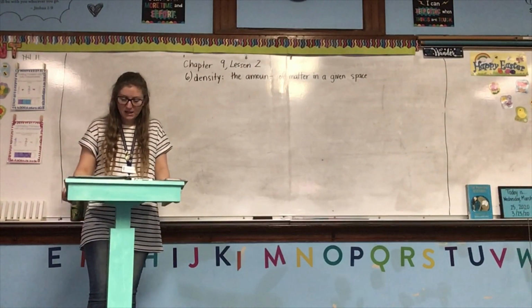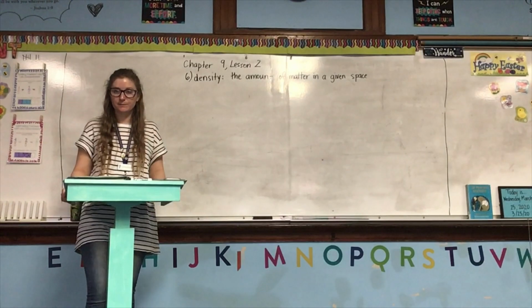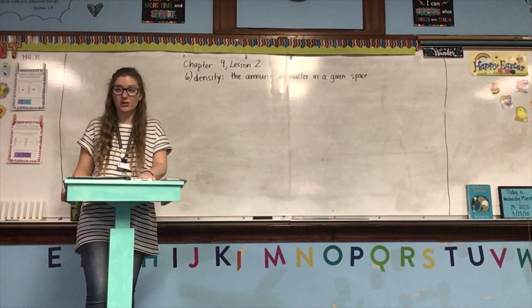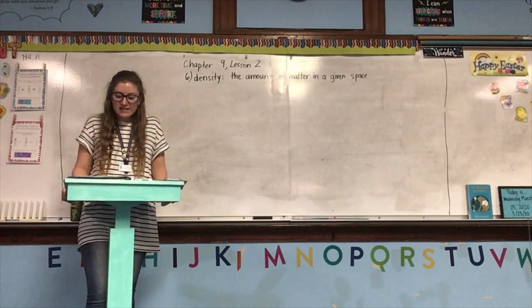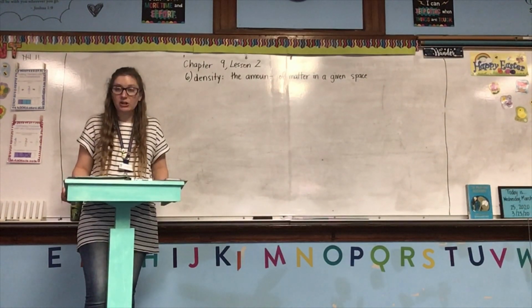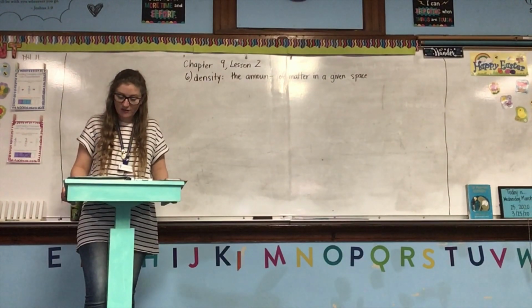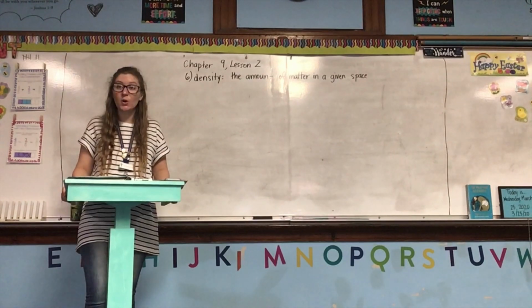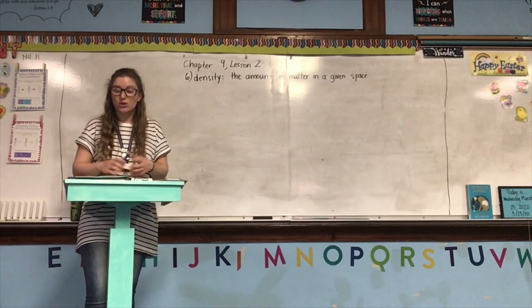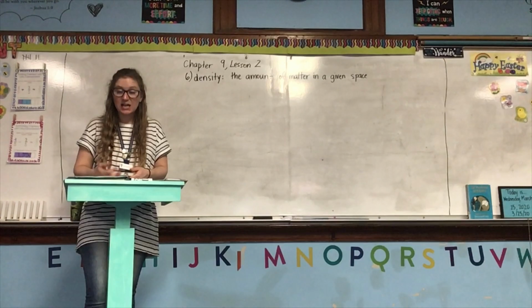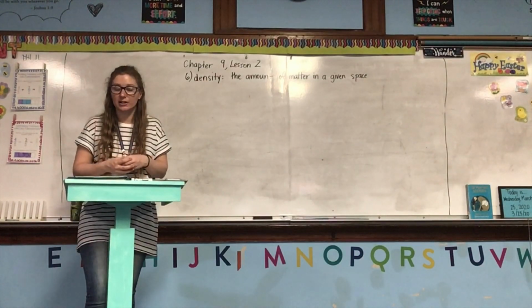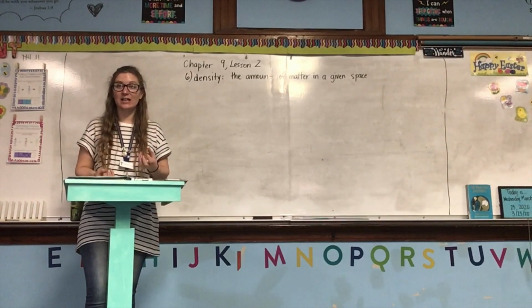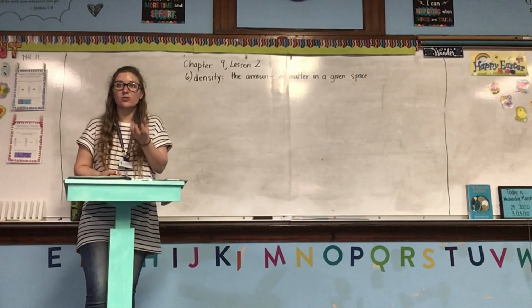Float or sink. Consider cork and water. So cork, if you're not sure, is like that little picture at the top of page 424. The density of water is 1 gram per cubic centimeter. The density of a cork is 0.24 grams per cubic centimeter. Does cork float or sink? If we look at that, we can see that the density of cork is lighter, is smaller than the density of water. Whichever object has a lighter density is going to float.